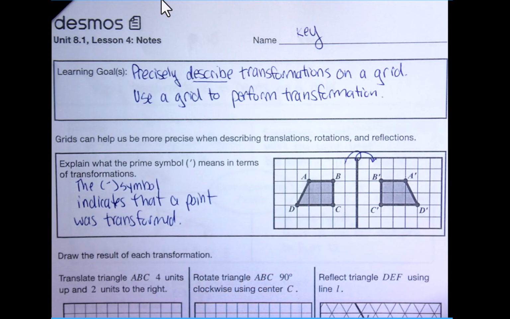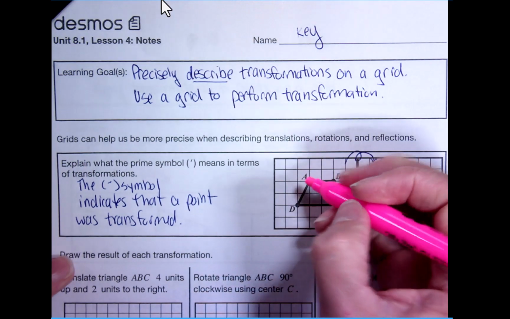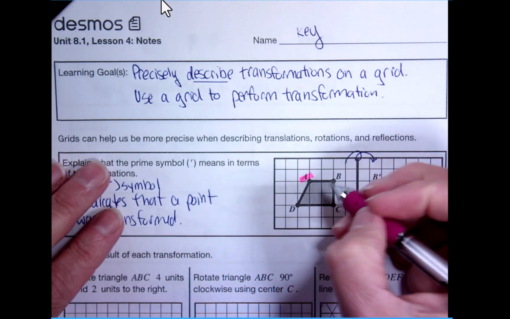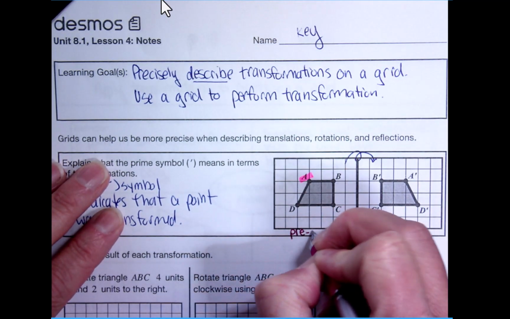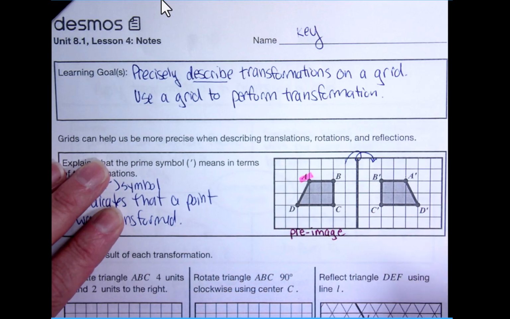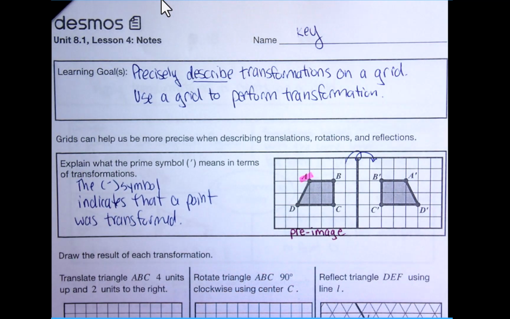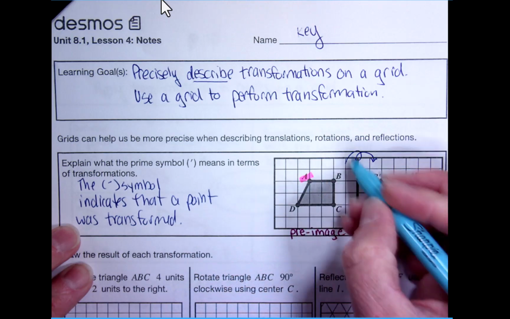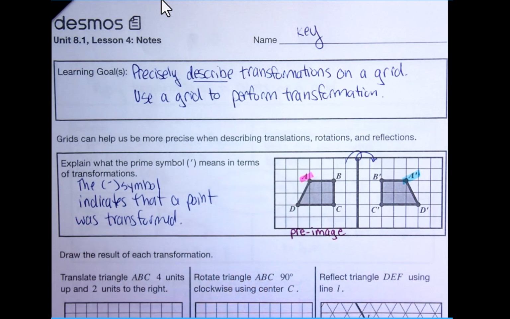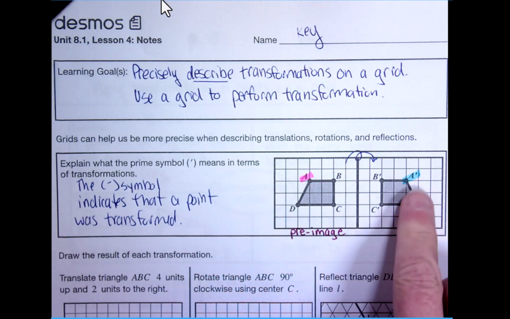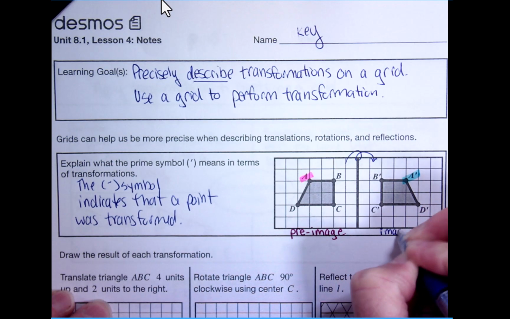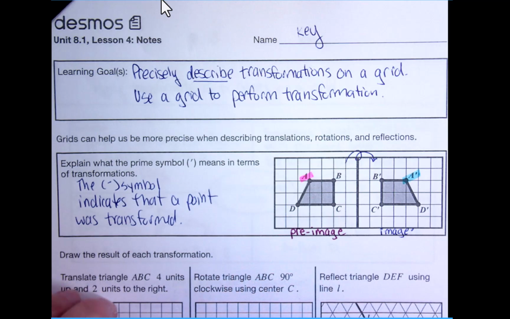If this is our pre-image, hope I'm using the same colors I've done with all the others, if this is our pre-image with A, B, C, and D, then the one with the primes is the image. So I can see that this point, if I reflect it to the other side of this line of reflection, the point gets a prime. This is going to be our image. The image has the primes, the pre-image does not.